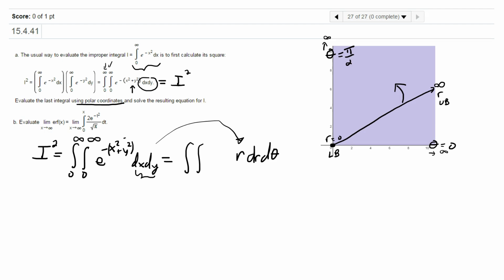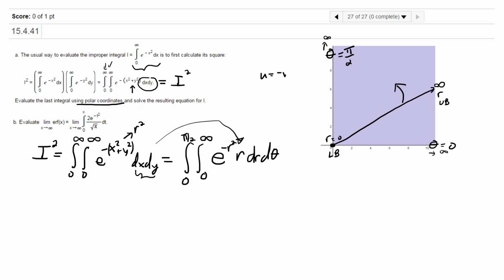Inside, x squared plus y squared is r squared, so it would be an e to the minus r squared, and we just figured out the bounds are 0 to infinity on r and 0 to pi over 2 on theta. We can execute that integral.